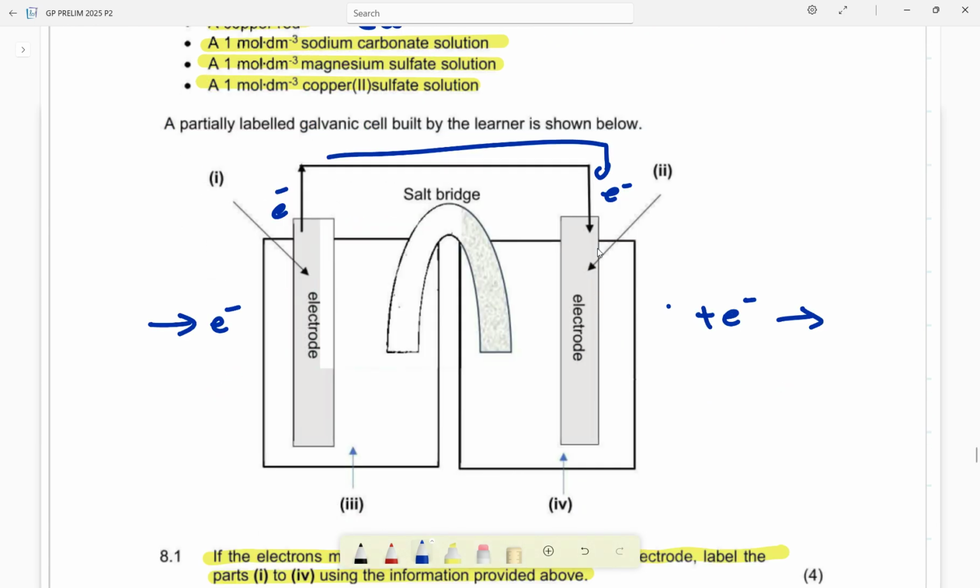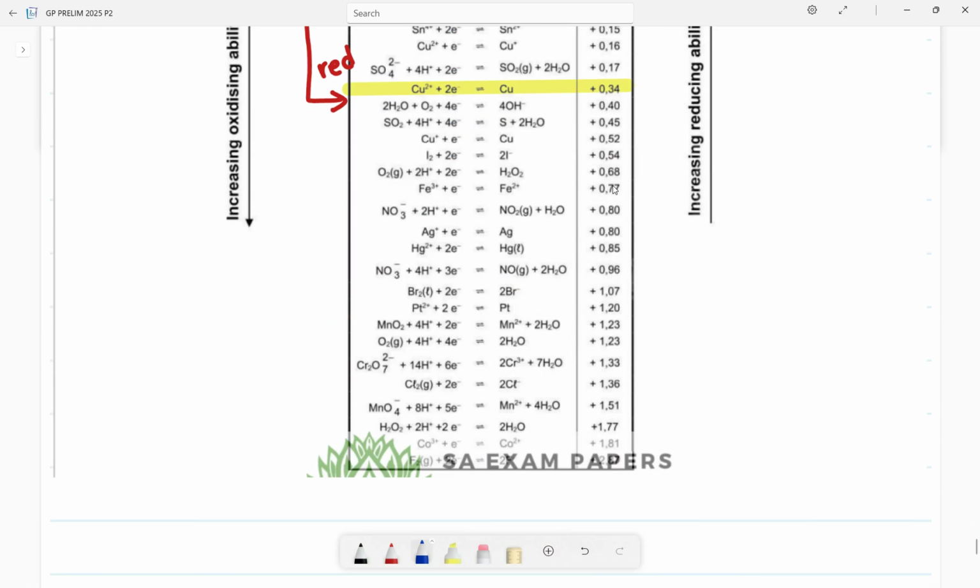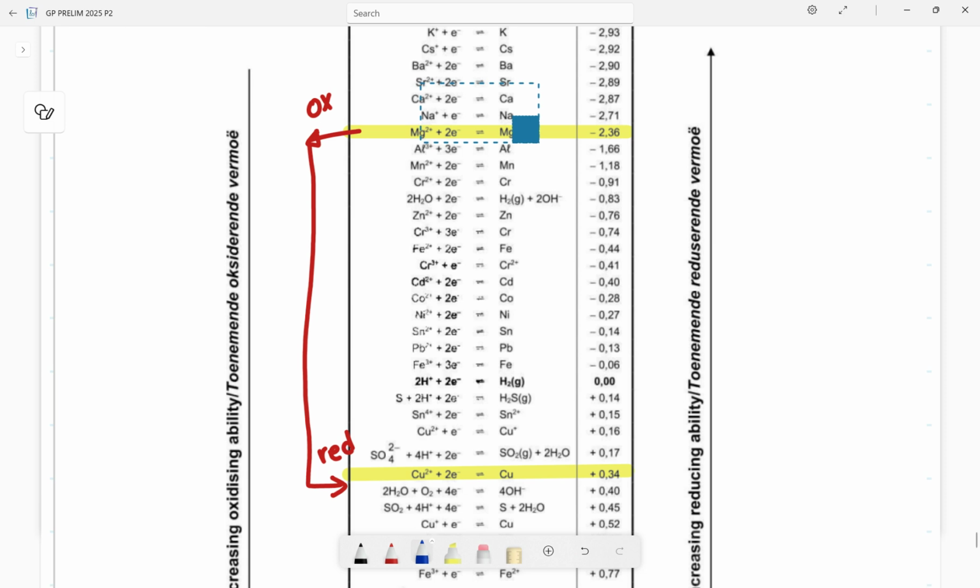So we go to our table of standard reduction. We compare between magnesium 2 plus, as well as copper 2 plus, that results in pure copper.